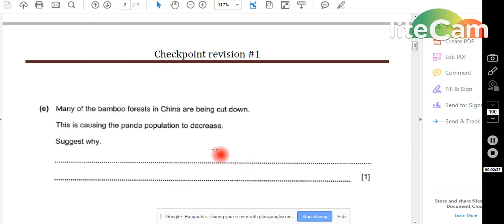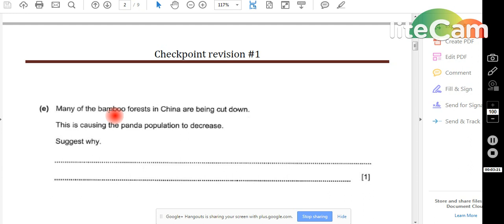The next question says many of the bamboo forests in China are being cut down. Do you know what a bamboo forest looks like? Yeah, tall, slender kind of trees, I think. Yeah. What you have to understand here is the panda lives in these bamboo forests.